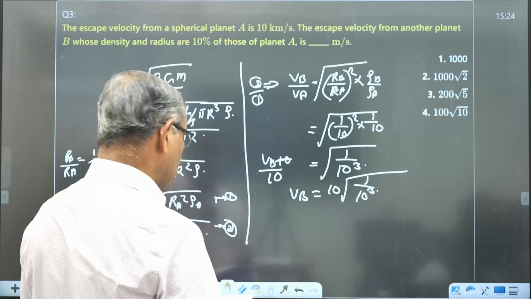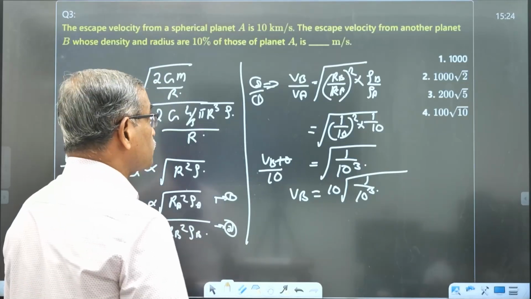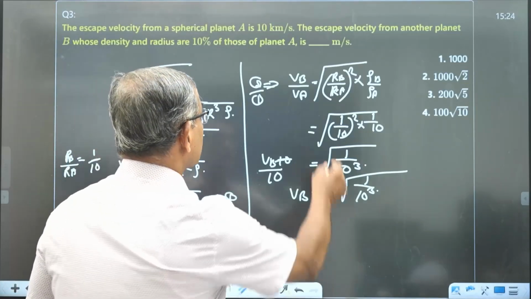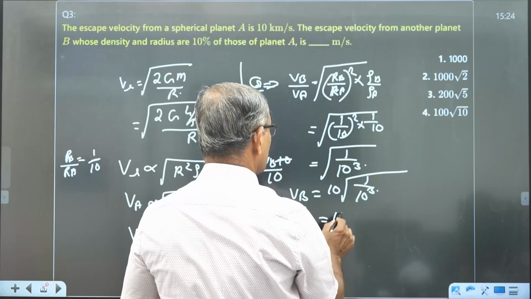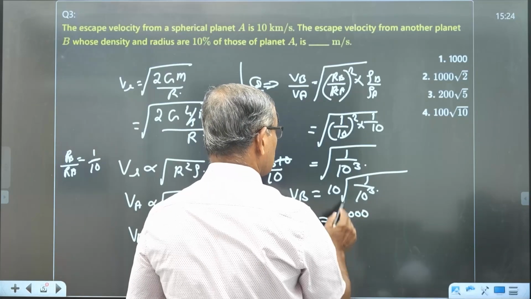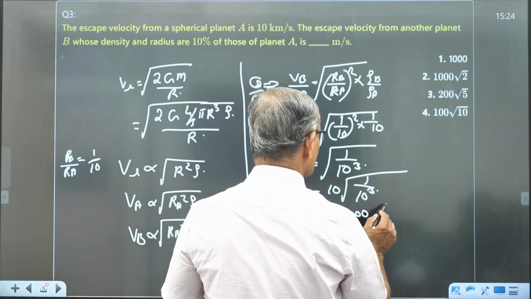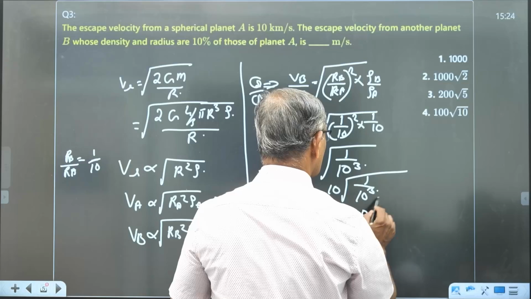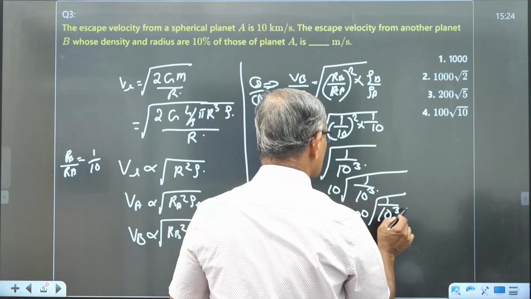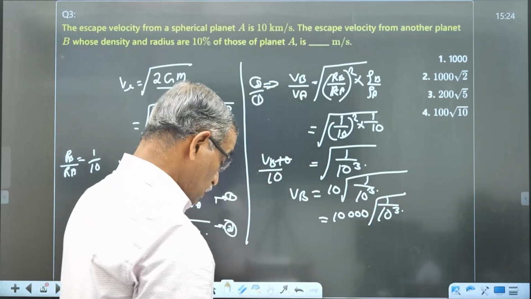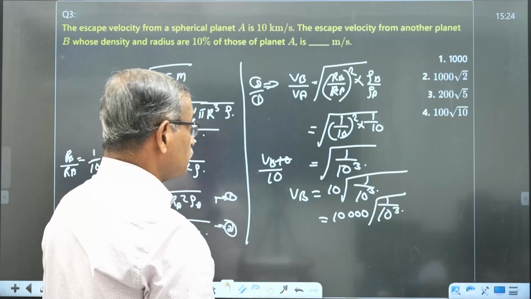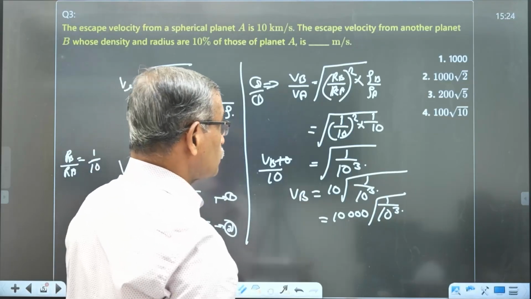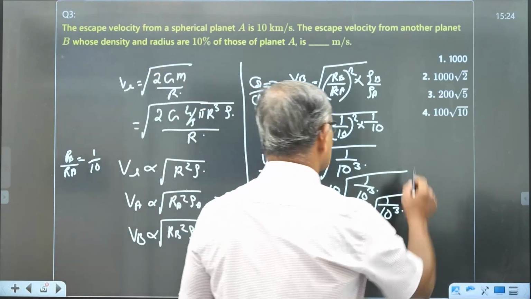This is in kilometer per second, and convert that into meter per second because the answer is in meter per second. So it's equal to 10,000 meter per second into root of 1 by 10 raised to 3. And this on calculation, the value is found to be this one.